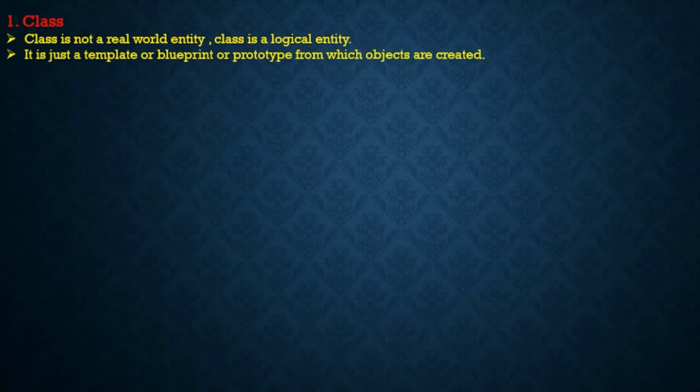Let's take an example. A class is not a real world entity. A class is a logical entity, which means the real existence will not be there, only a blueprint we can imagine. Out of the class we can create the object. That is the job of the class.